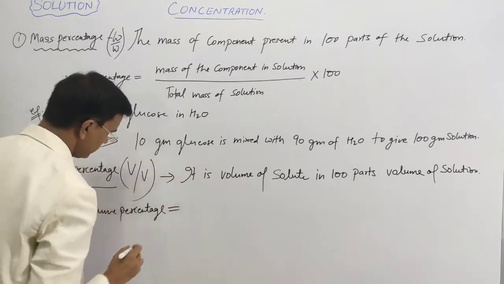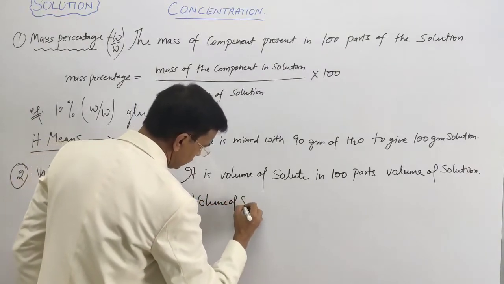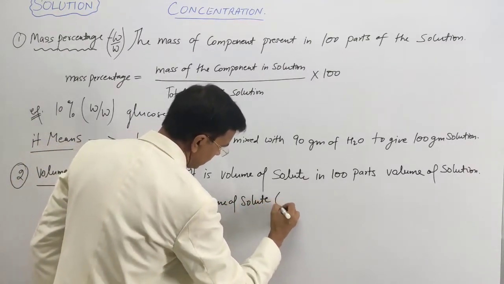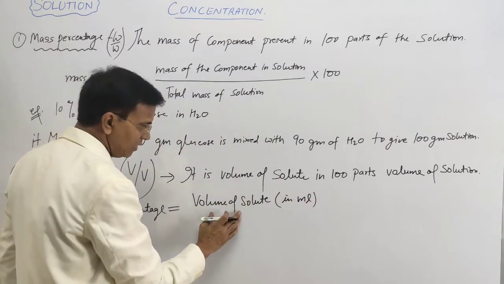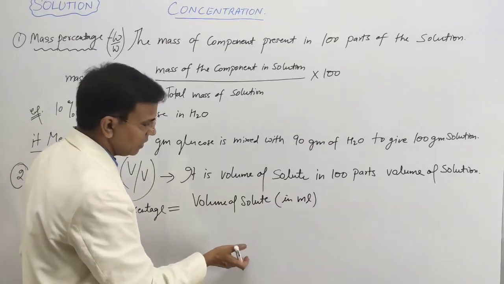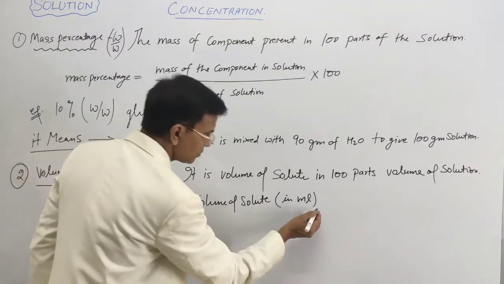That means the formula of this will be: volume percentage is equal to the volume of solute in ml, and if it is in ml, then the solution will be in ml. If it is in liter, then the solution volume also will be in liter.